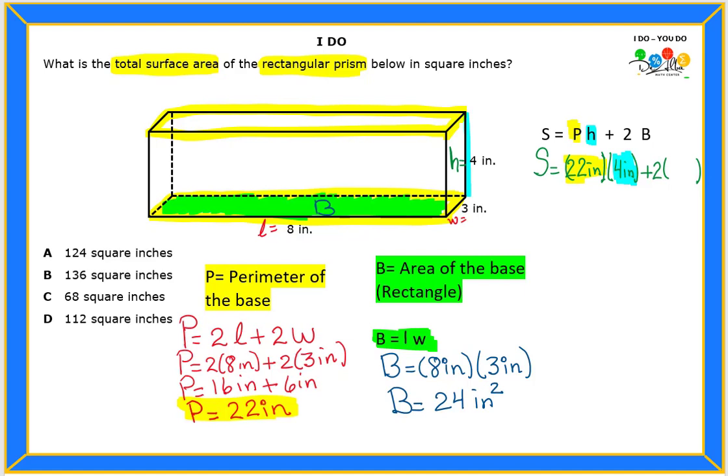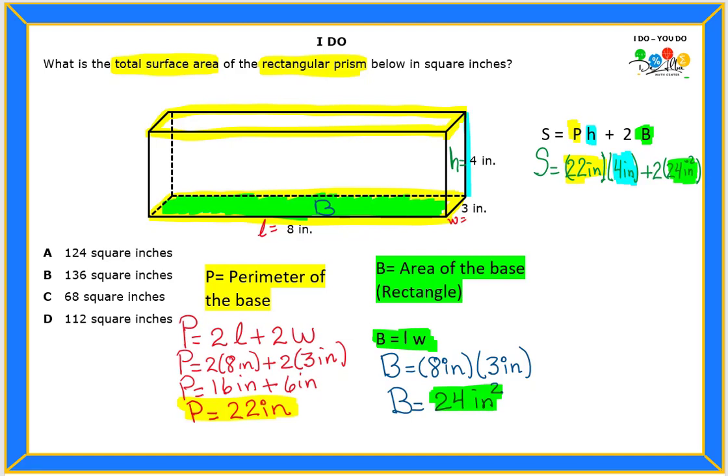I'm going to write down that 24 that I found and replace it right here in my formula. I will write down 24 square inches, also in green.